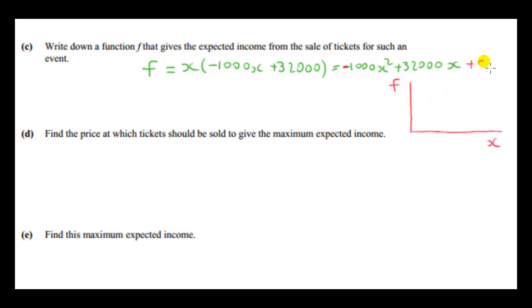Well, you can see that the constant term in this quadratic is 0. So this curve goes through the origin. Okay, when x is 0, f is 0. So we'll just use that one point to draw a rough sketch. So it's going to be an inverted parabola, so it's going to look something, well, not like that, of course. It's a parabola, it's symmetrical.